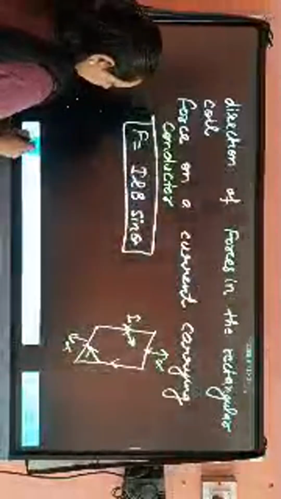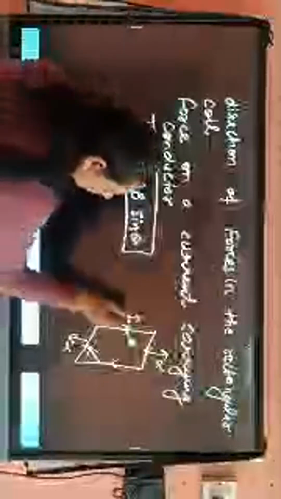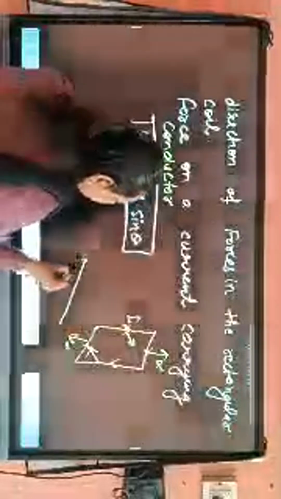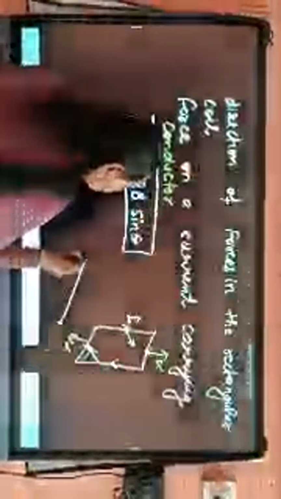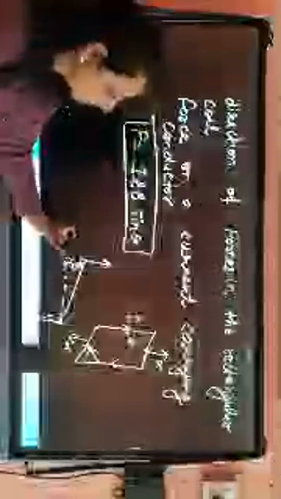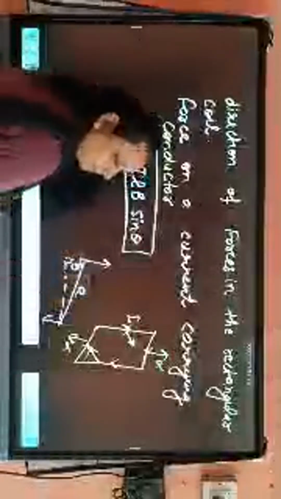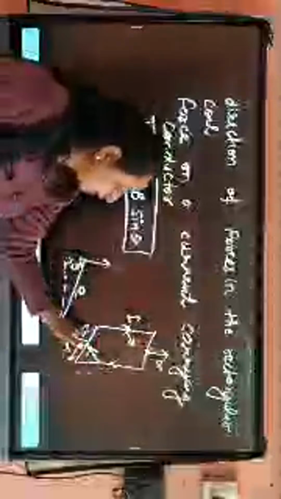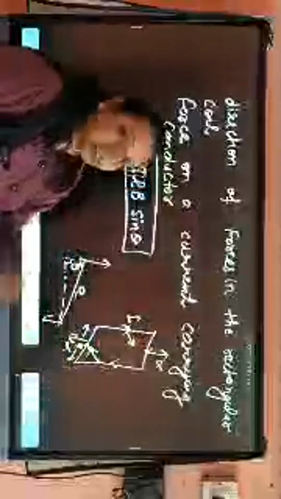This is a conductor. One force is acting upward on it, one force acting downward. This is angle theta, and this is side A and this is side B. On side A, the force acts upward from here, and on this other side, the force acts downward.